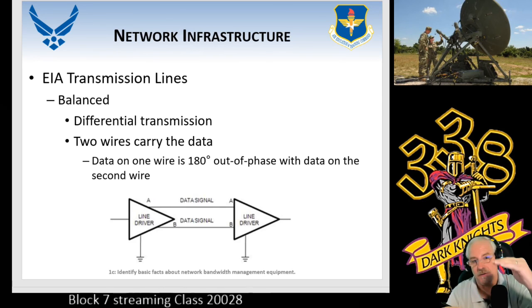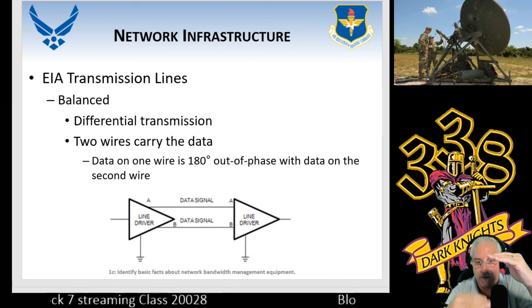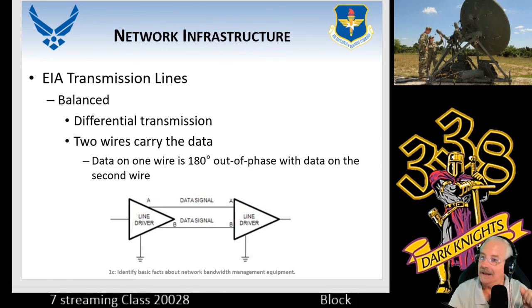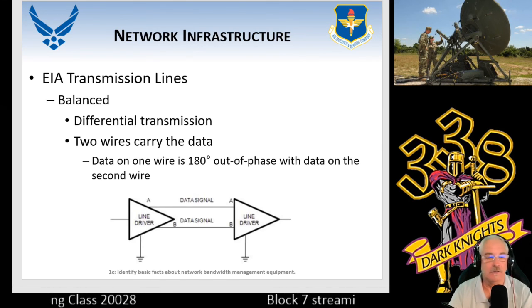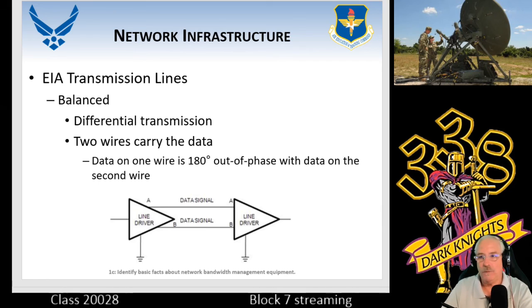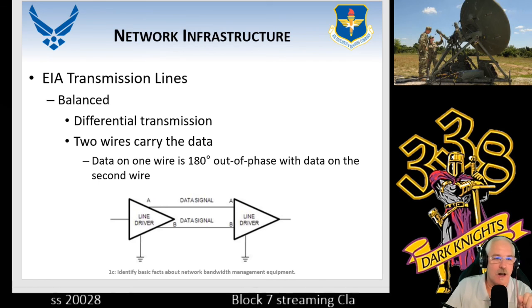Your signal is at one level with the noise, and then just the noise should be down here. You should have at least 10 dB of separation on it. If it's more, that's golden. So that's two references for the balanced line and how we're able to cancel out the noise.